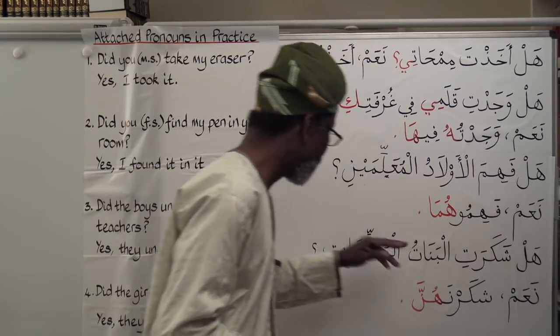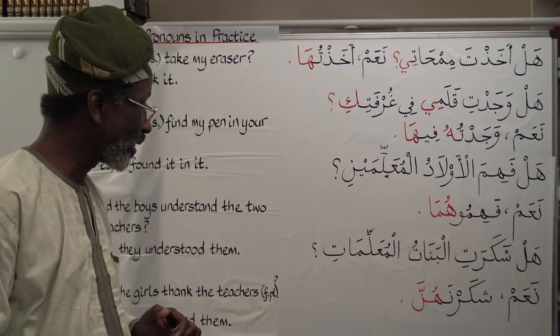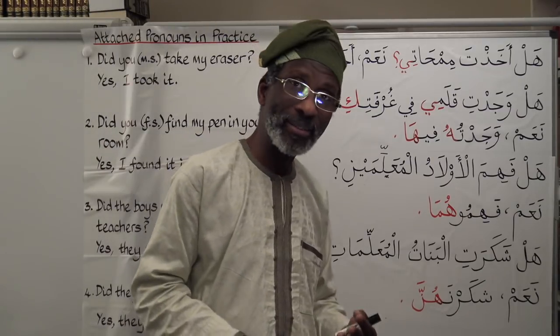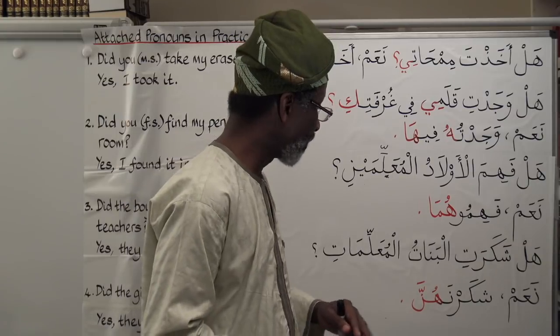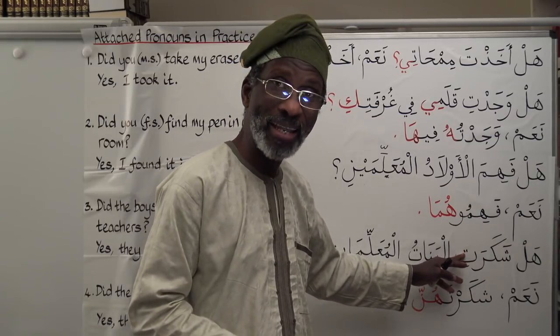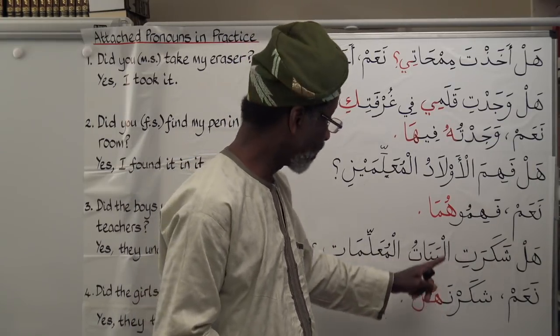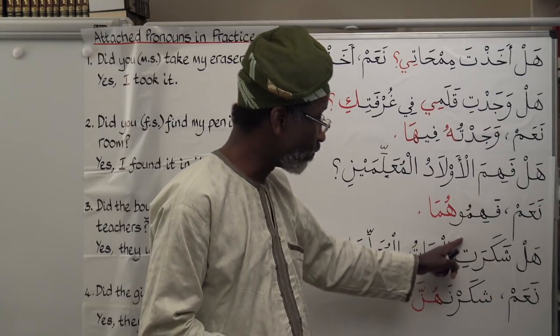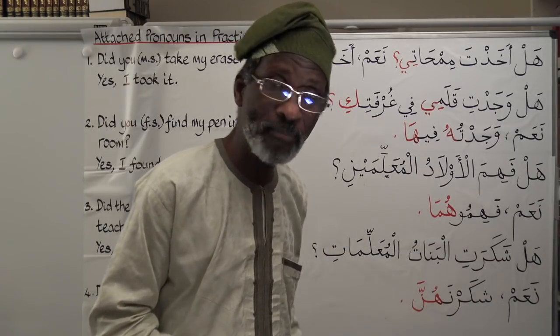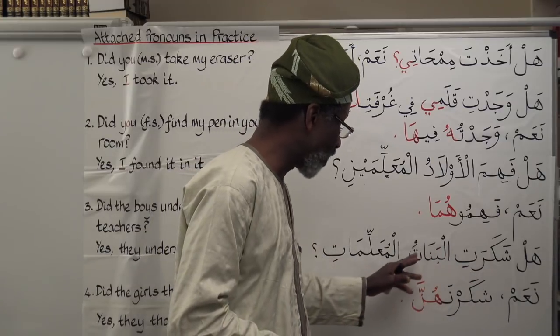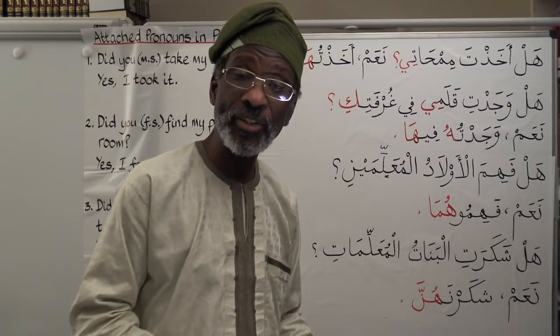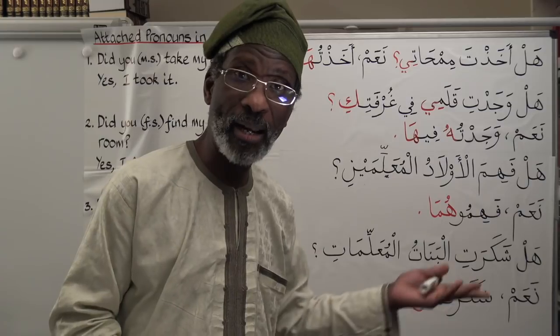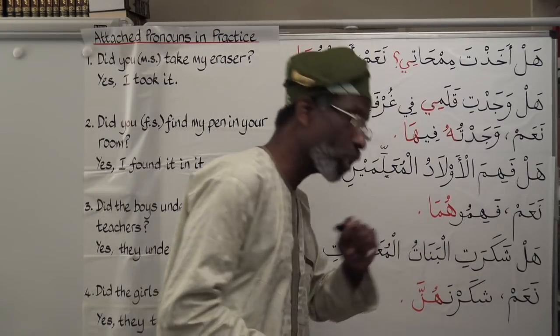هل شكرت البنات المعلمات؟ Now again, in a previous lesson you learned that when you have a feminine singular verb with a sukun, and another sukun follows it, you convert the first sukun into a kasra. So shakaratil banatu. Banatu here is your subject, al-fa'il, hence it is carrying dhamma.